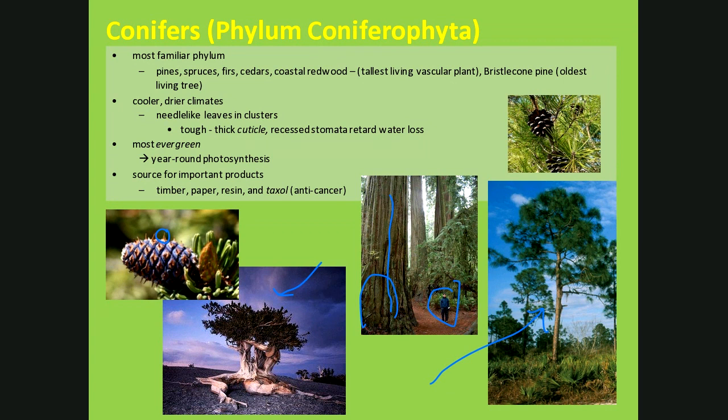So these recessed stomata, remember the stomata is the opening on the bottom of the leaf that the gases can go through, carbon dioxide, and I was just talking about this yesterday in my Bio 1. But remember that when you talked about plants, you talked about C4 plants, CAM plants, and it had to do with opening and closing their stomata because stomata allow the gas to go through, but they also allow water loss. These organisms, and this would be definitely something that you would find as an advantage living up north.